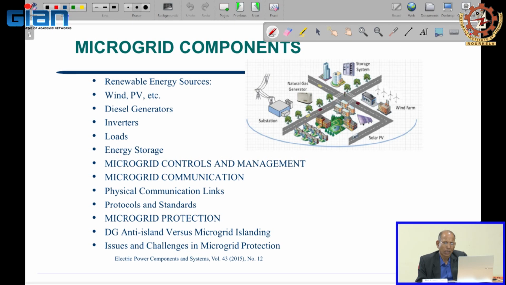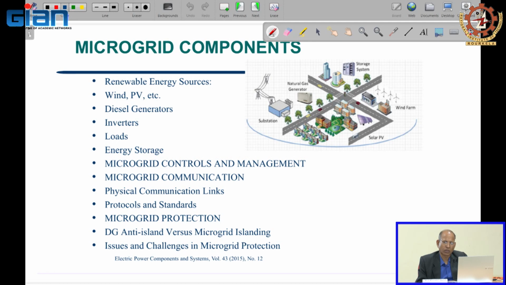Then, of course, in a modern microgrid you can have other systems, like control and management communication systems, as we are trying to standardize and develop appropriate protocol standards.